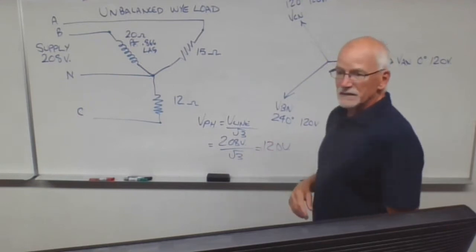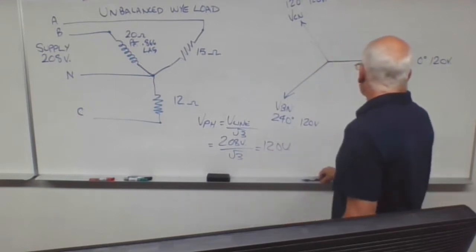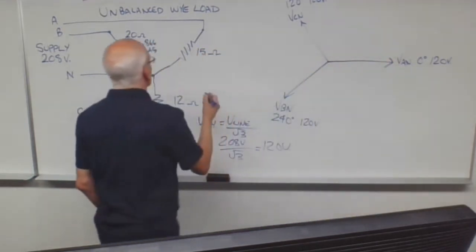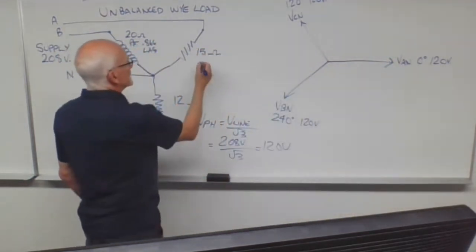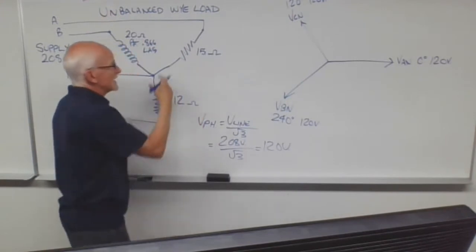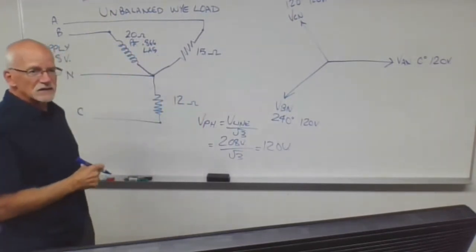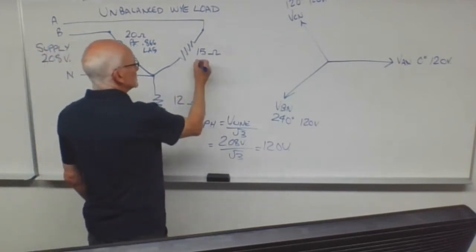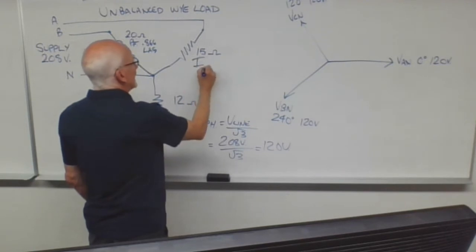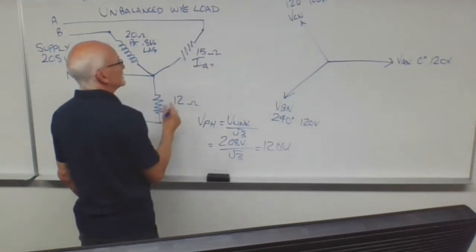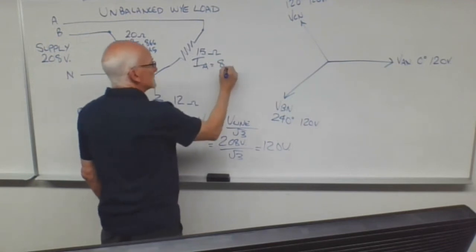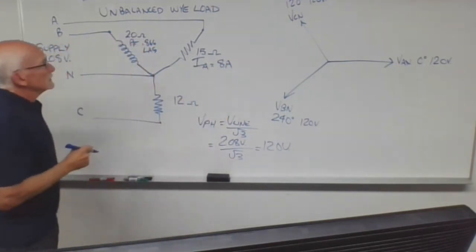I equals E over R, or E over Z. For phase A, the phase current IA, it's actually IA to N, but phase current and line current are the same thing in a Y. So IA is 120 volts divided by 15 ohms, which is 8 amps.